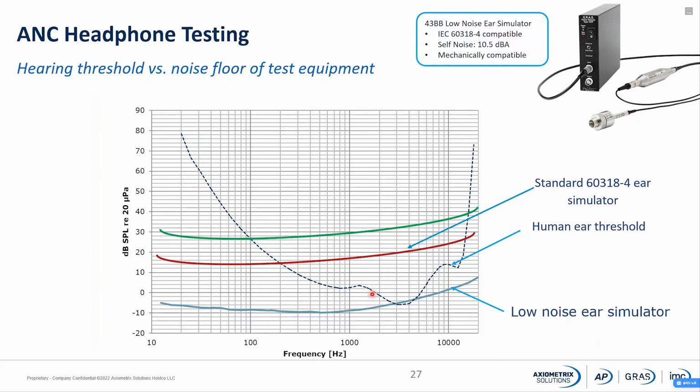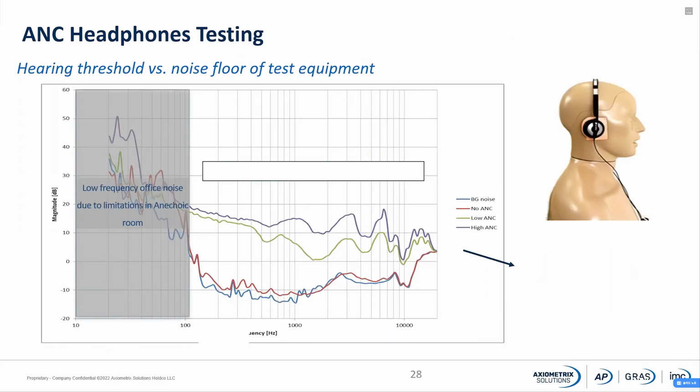You can see that there is an area of this curve where we have a lot of signals that we should be able to hear with our ears, but the standard testing equipment won't be able to measure because it's below their noise floor. But with the new low noise ear simulator from GRAS, we should be able to measure these signals without any problem.